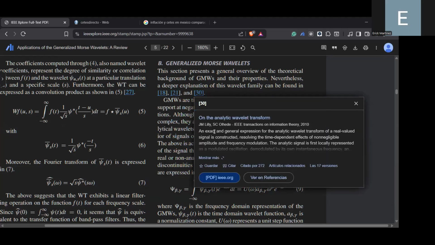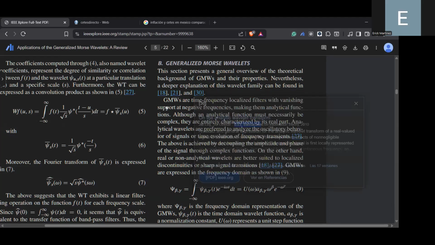And also we have this other work on the analytical wavelet transform, also published by Lilly and Olhede back in 2010, in IEEE Transactions on Information Theory. I am citing these works because what I did in this work was to summarize the applications and the theory of the generalized Morse wavelets, but in fact, their work was a basis to develop this article.